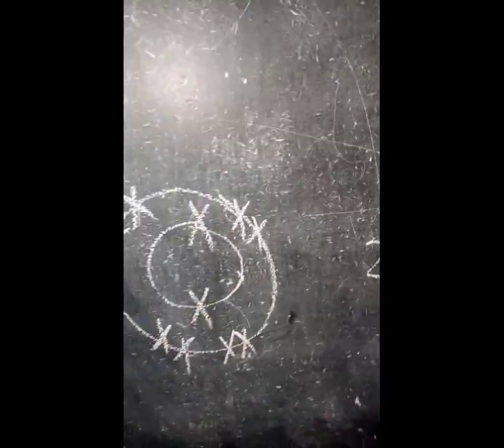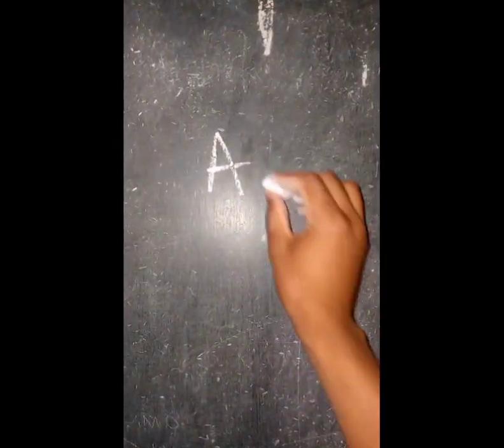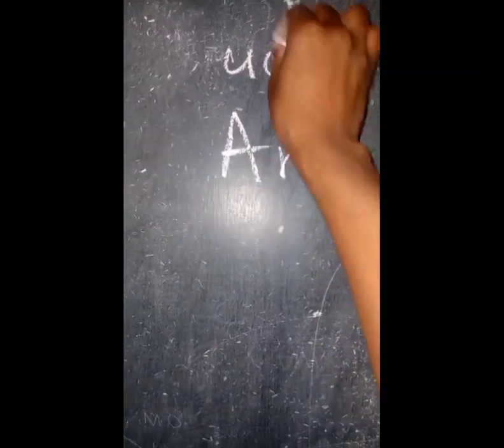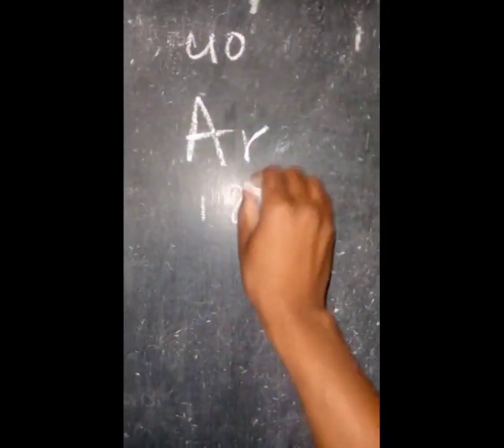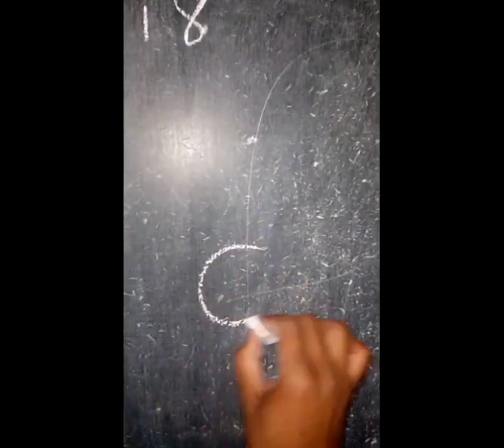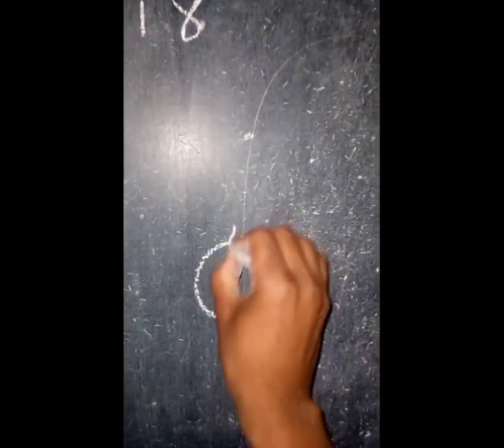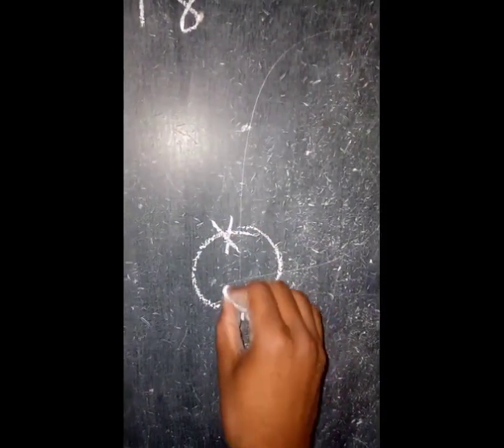The last example is argon. This argon has the mass number of 40 and the atomic number of 18. That's 18, I hope you can see. So if we had to draw the electronic structure, we are going to draw the first shell, and this first shell is going to have 2 electrons as usual.